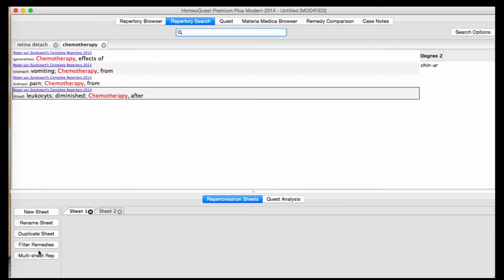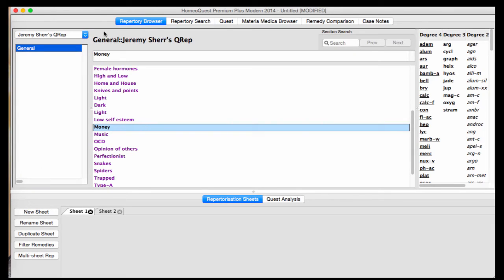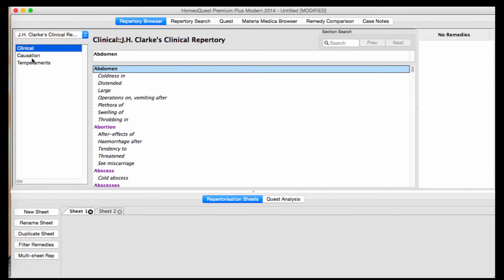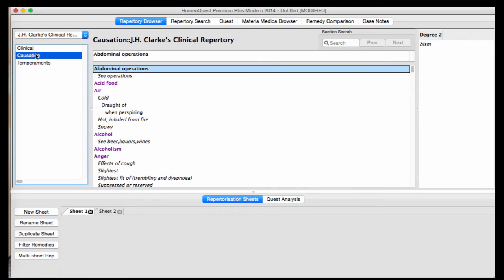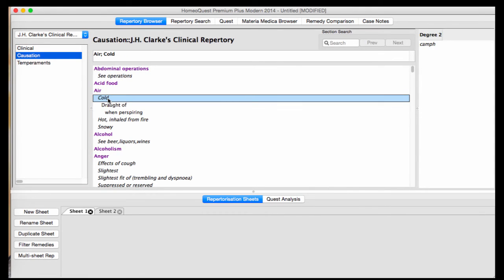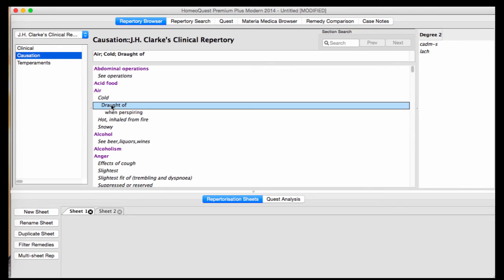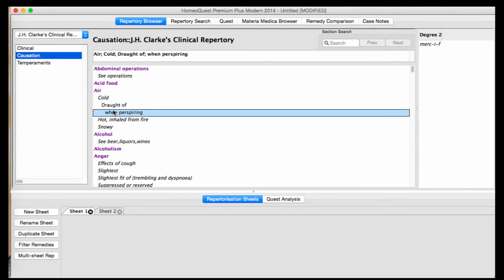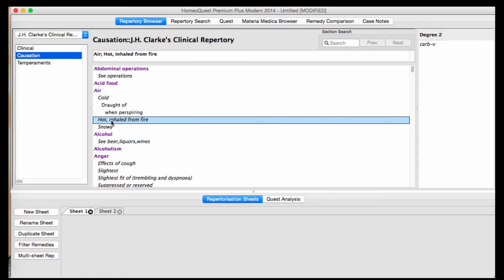The other thing are cases with prominent causative factors, and in this case, I love Clarke's clinical repertory. There's this whole big hidden chapter which I never knew about, on causative factors, causative rubrics. Something like things which are caused by cold air or draft of air when perspiring, heat inhaled from fire. And you can sometimes find really weird remedies here which you do not find in, say, a Kent's repertory or a Bonninghausen's repertory.